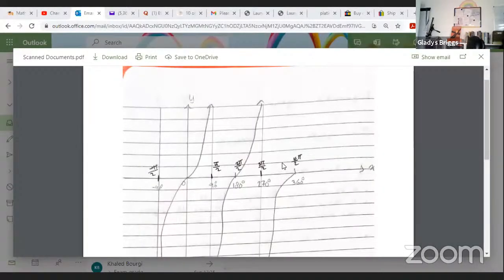Okay. So this is yours. Well done to you. The only thing that I will correct on yours is that I'm going to use annotation now. I'm going to use broken lines here.